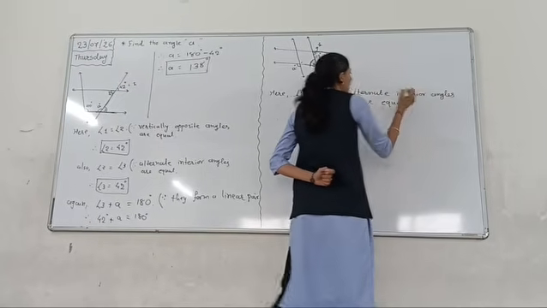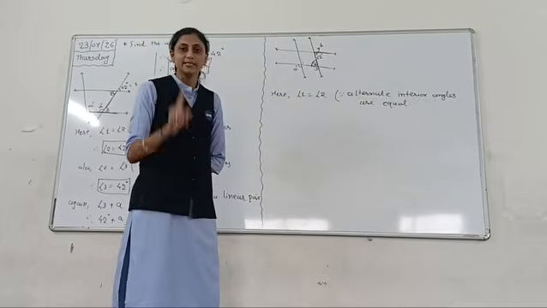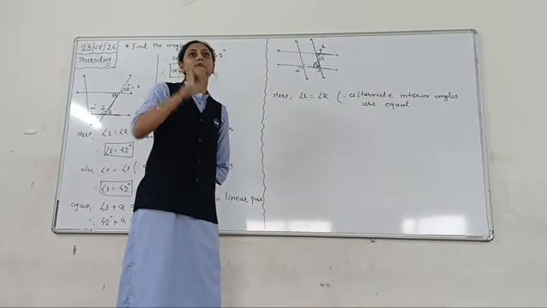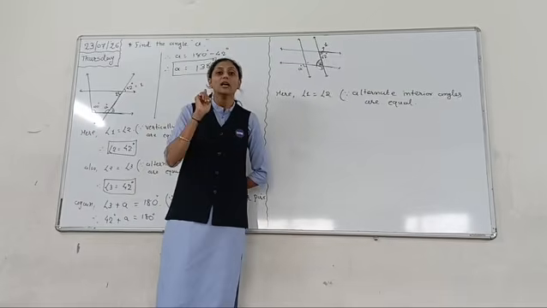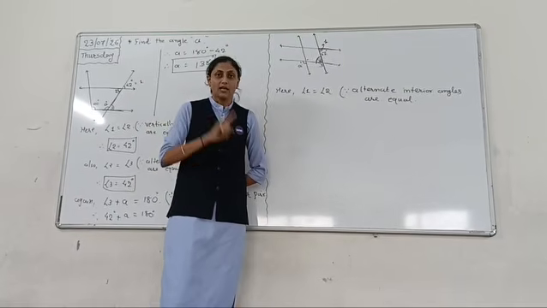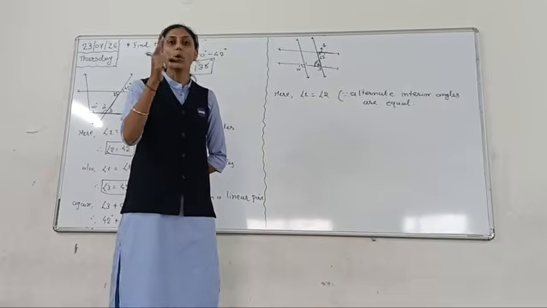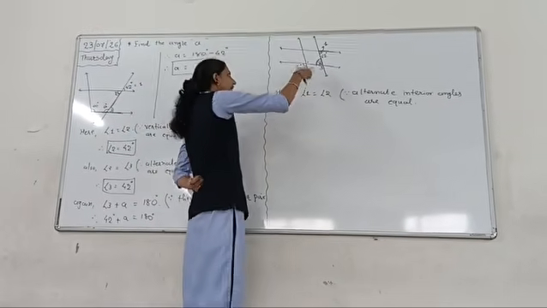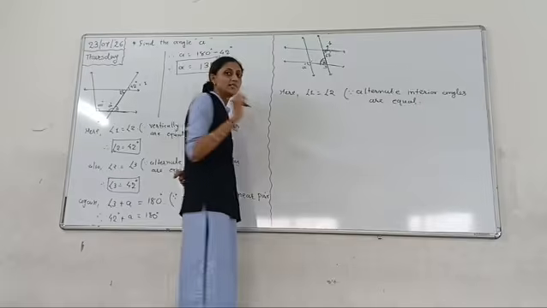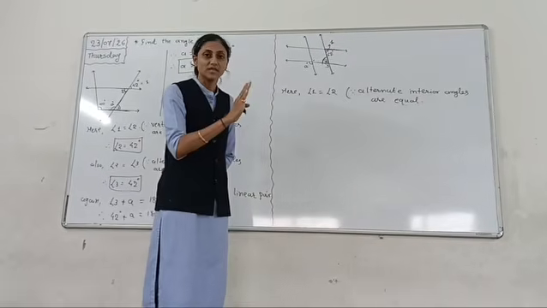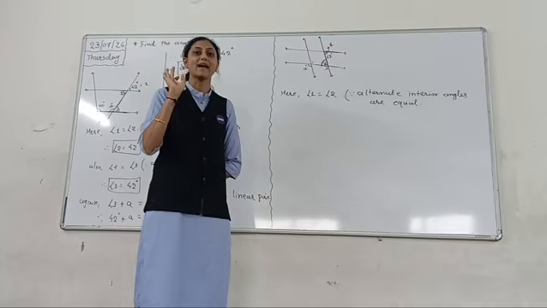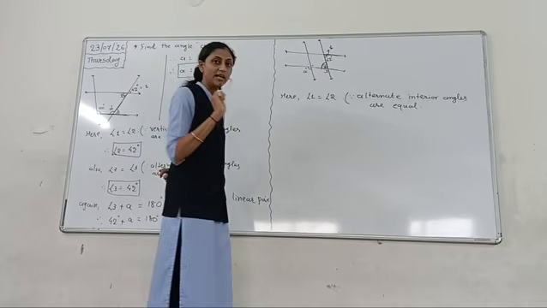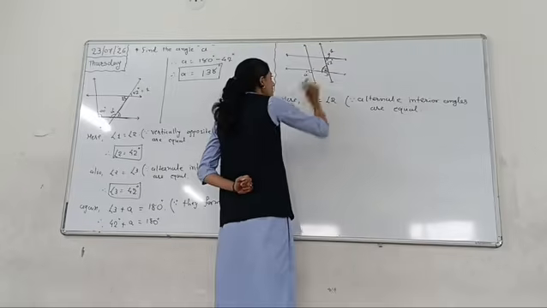You just have to remember this: alternate interior angles are equal, vertically opposite angles are equal, and corresponding angles are equal. The optional one is co-interior angles. Co-interior angles, meaning same side of a transversal, only add up to 180. Otherwise, the three pairs we have are equal in nature. So 1 is equal to 2.